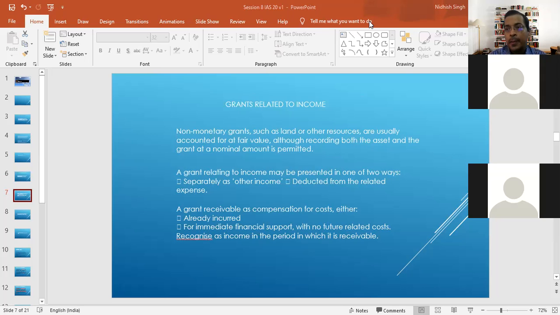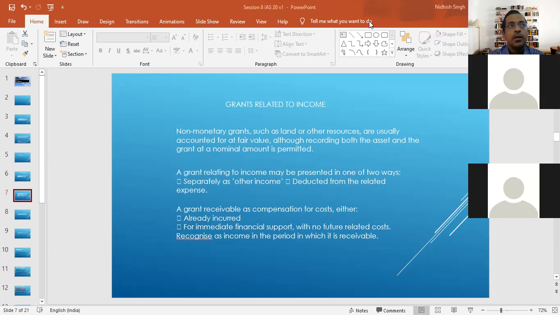For example, imagine the government is supporting, you would have seen the news recently, the central government is trying to make India the AI power. If you decide to do some R&D in AI or robotics, the government can provide you some compensation for that.